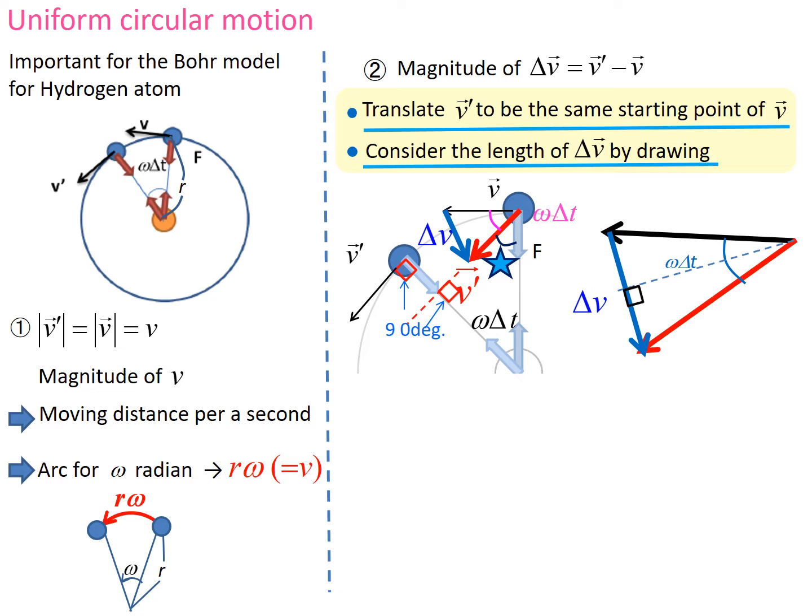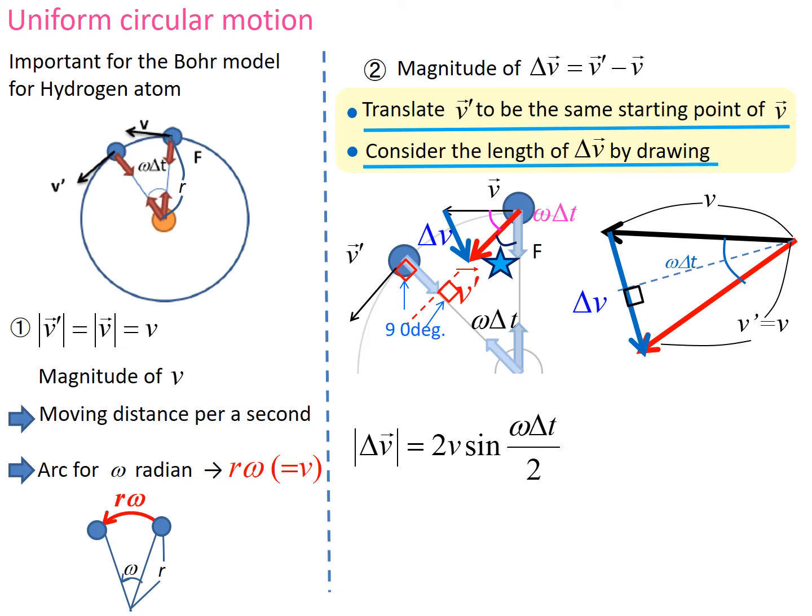As mentioned in question 1, the lengths of v and v prime are equal and can both be expressed as v, so the magnitude of the delta v vector corresponds to the length of the base of an isosceles triangle, with two sides v and the included angle omega delta t. Thus, the length of the base is expressed as 2v times sine of omega delta t over 2.